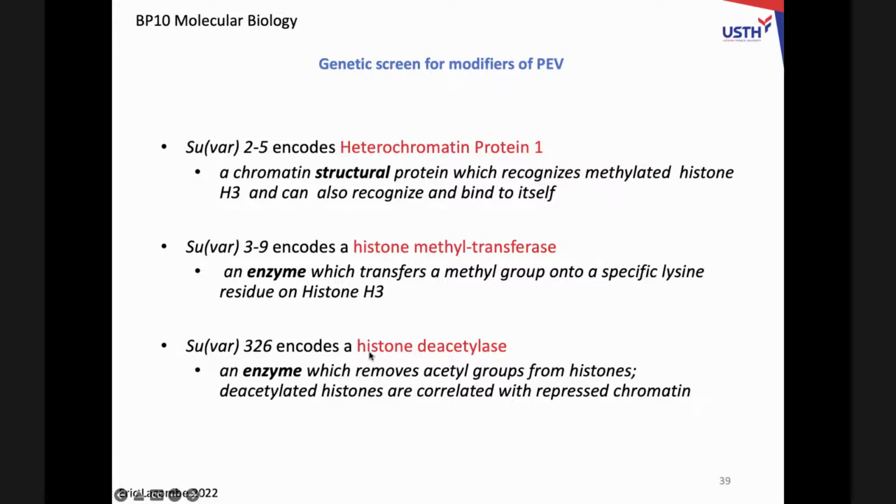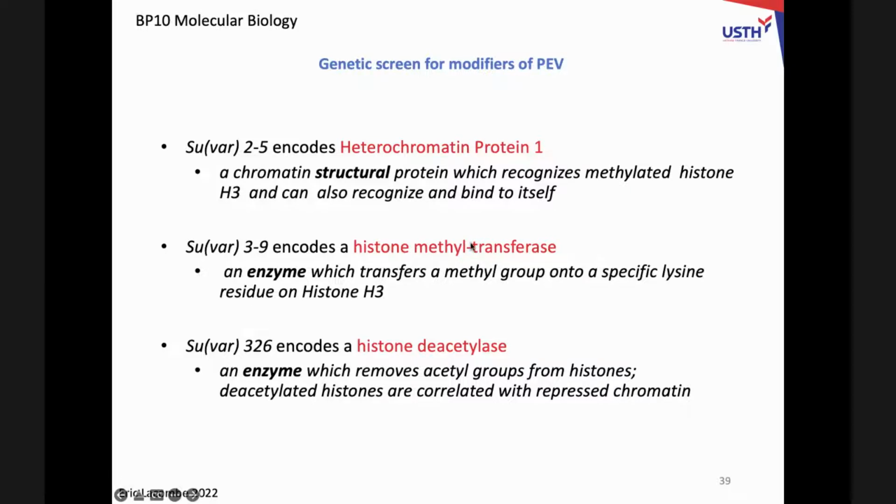Then they also found the histone deacetylase. It makes sense because this enzyme removes the acetyl group, and you need to have the acetyl group removed from lysine 9 in order to have a methyl that can be exchanged with the acetyl.